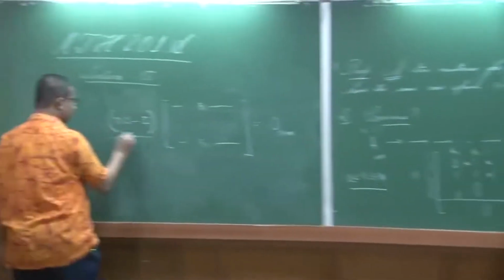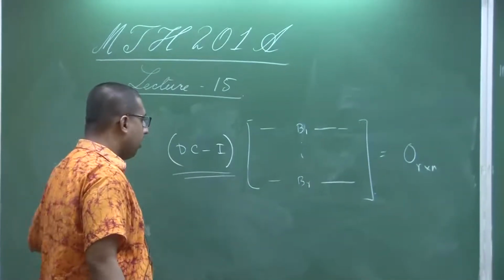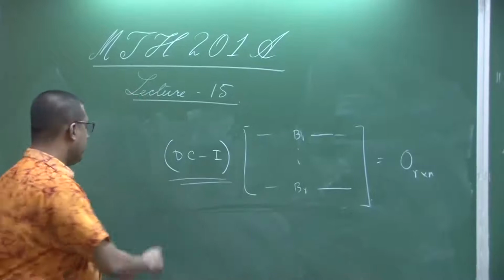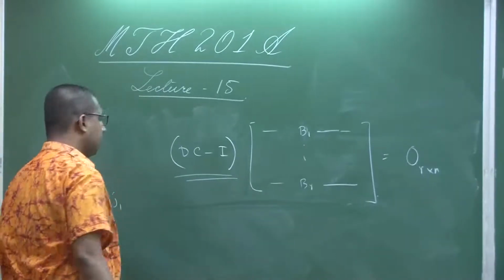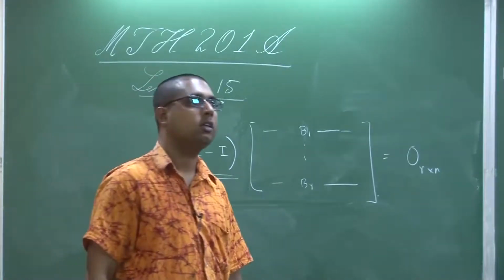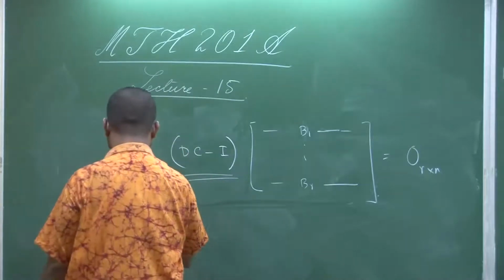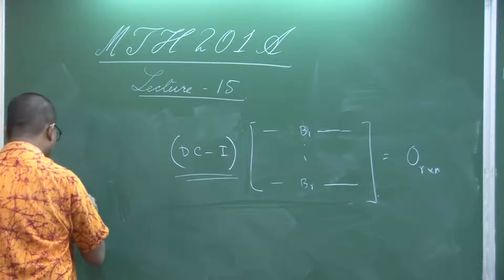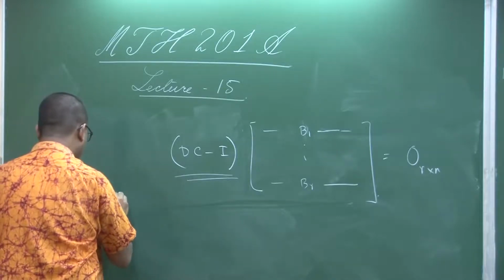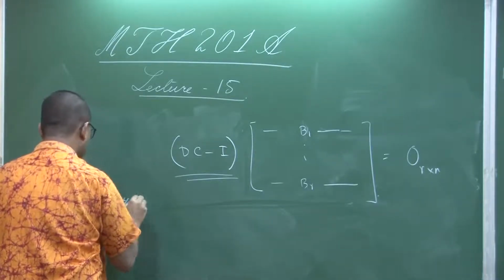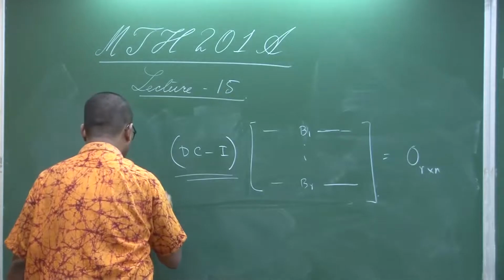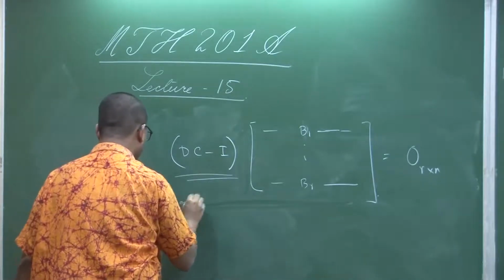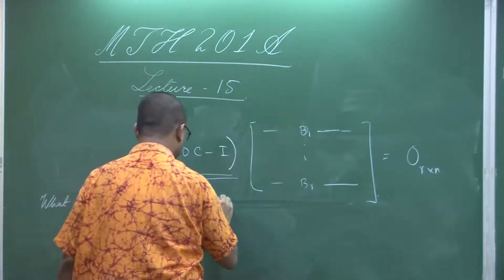So, let us start with J1. What is the J1th column of the product?